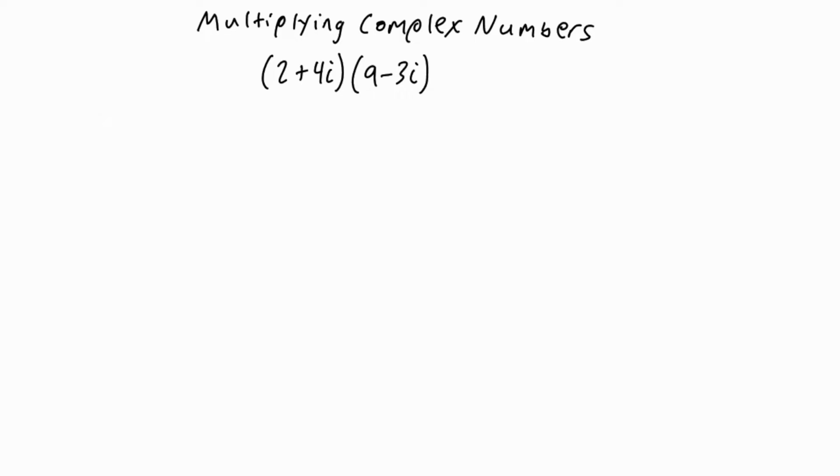So 2 times 9 is 18. 2 times negative 3i is negative 6i. 4i times 9 is 36i. And 4i times negative 3i is negative 12i squared. And remember, when you have i times i, it's i squared.